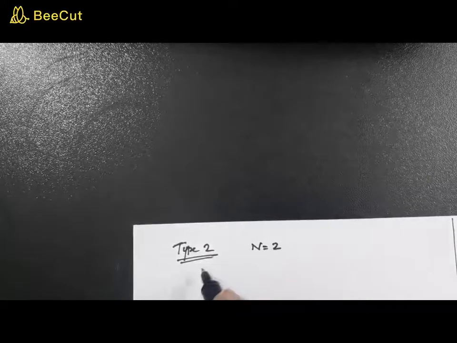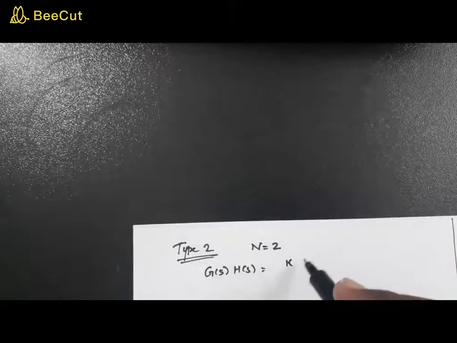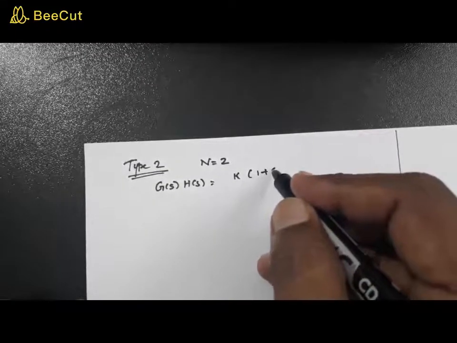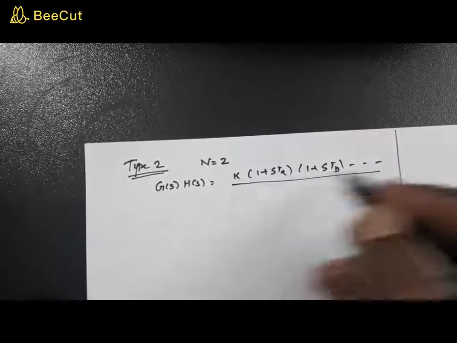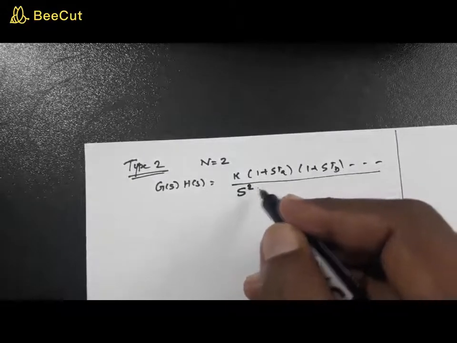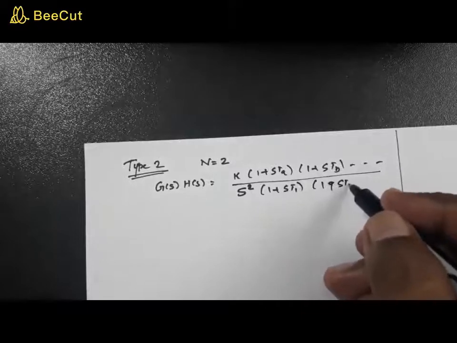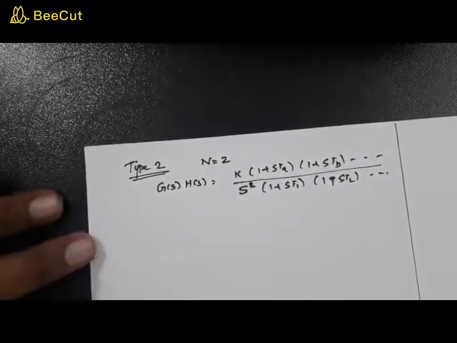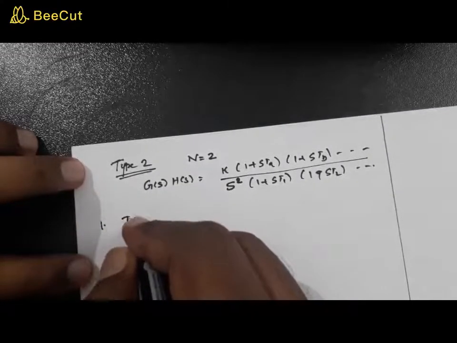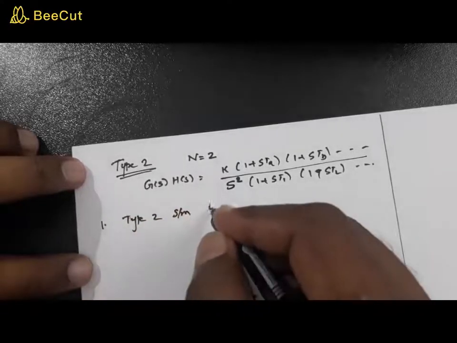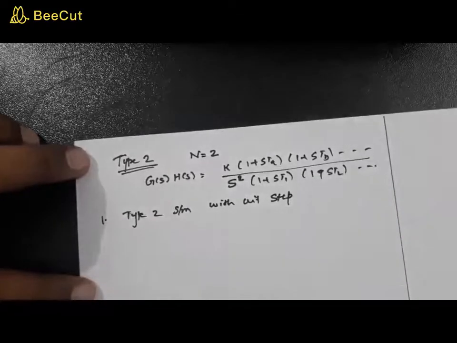N is equal to 2, or your generalized transfer function will be G(s)H(s) = K(1+sT_A)(1+sT_B)... divided by s^2(1+sT1)(1+sT2), etc. Now in this type 2 system, we are going to consider case 1, where the type 2 system is subjected to a unit step input.